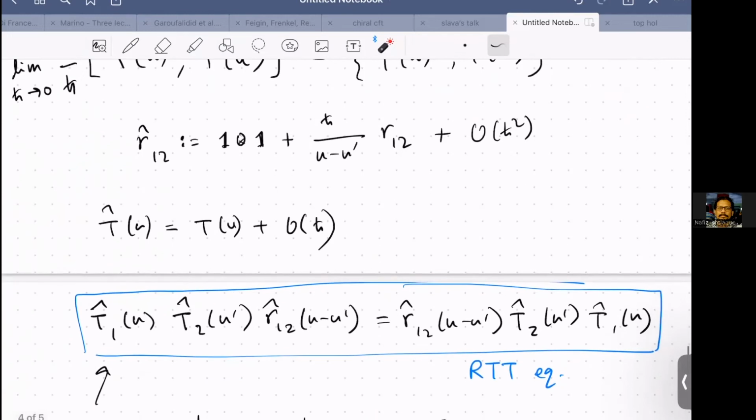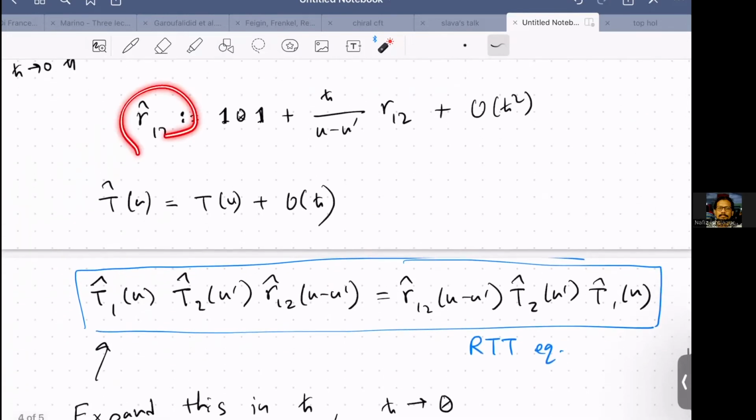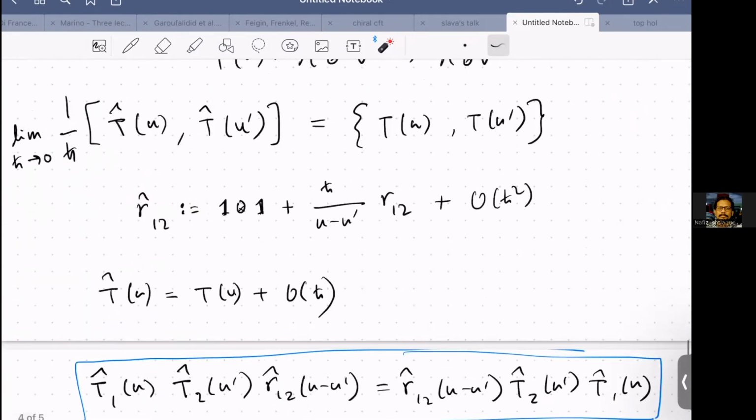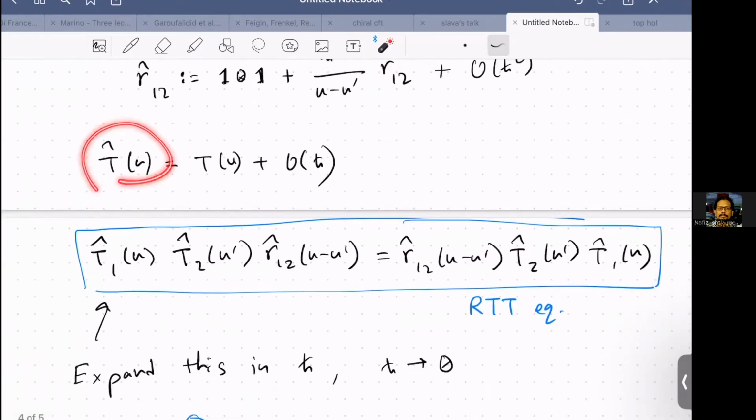And then we have defined this R matrix. Basically, it's the identity operator and then the classical R matrix and then some other stuff that we don't know about. And again, this promoted operator that came from the transfer matrix is the original transfer matrix plus h bar order corrections that we don't know about.